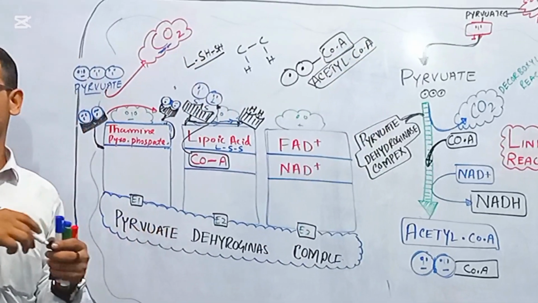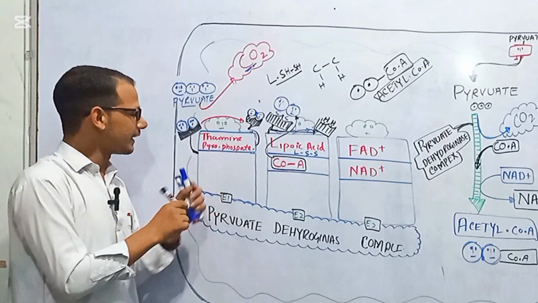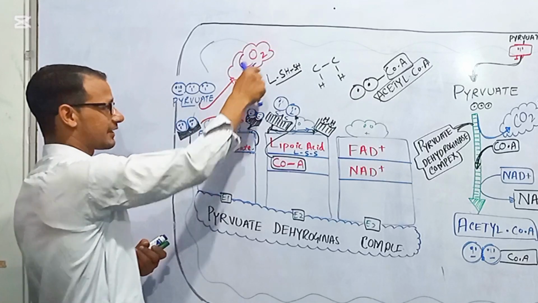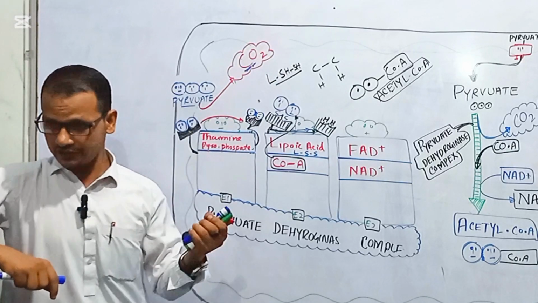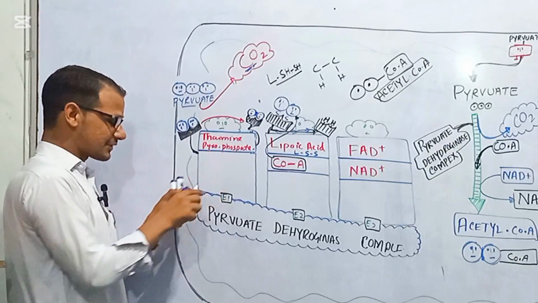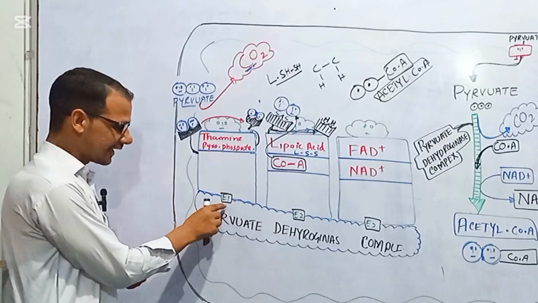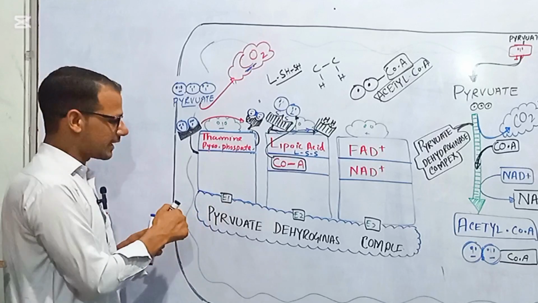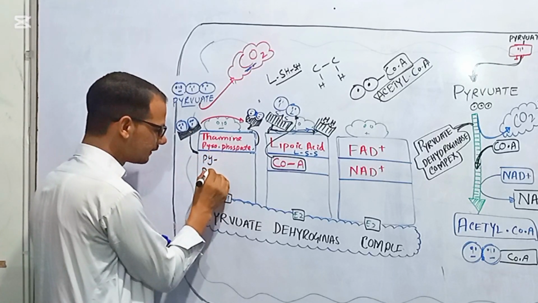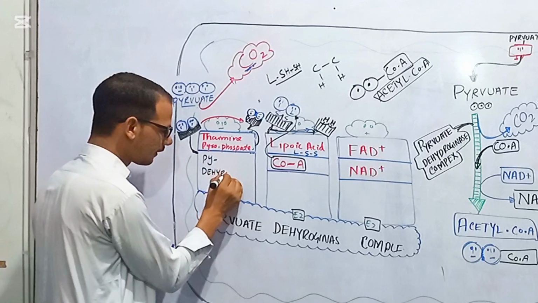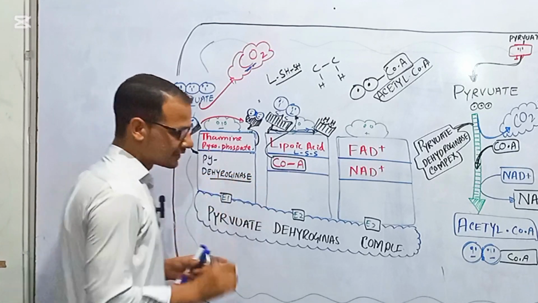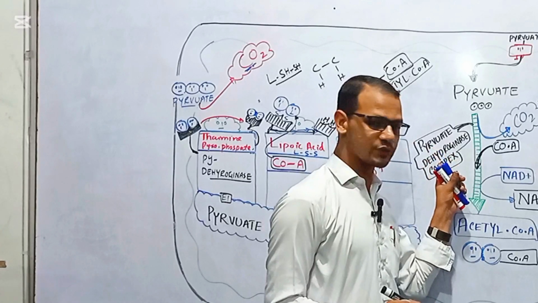It will undergo Krebs cycle, but here if you see, this carbon dioxide is released. This is a decarboxylation reaction, right? So the actual name of this E1 enzyme is pyruvate dehydrogenase. This is the enzyme pyruvate dehydrogenase.